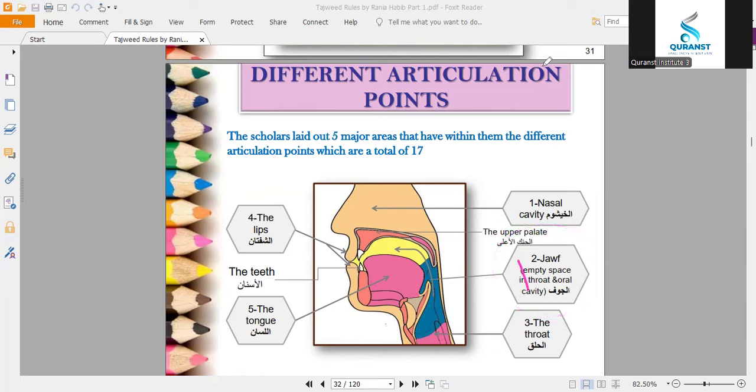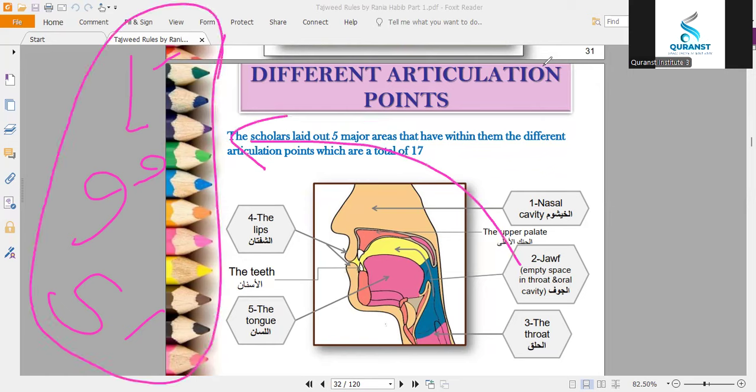And the aljawf letters are three. The first one is the long vowel alif. The second one is the long vowel waw. The third one is the long vowel ya. If we find alif after fatha, waw after dhamma, ya after kasra, in this case you will find the articulation point is aljawf.